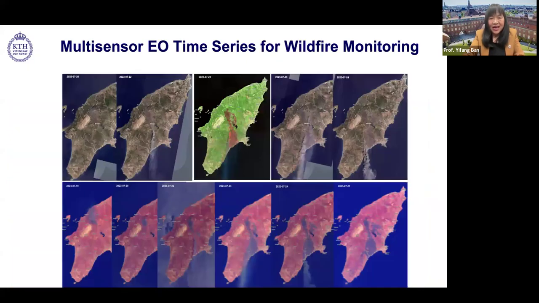Just some examples of the Greek island fire, detected by Sentinel-2 and also Planet on a daily basis. Then we also have Sentinel-3 on a daily basis. So you can have a variety of optical sensors, no problem in the sunny Mediterranean environment.